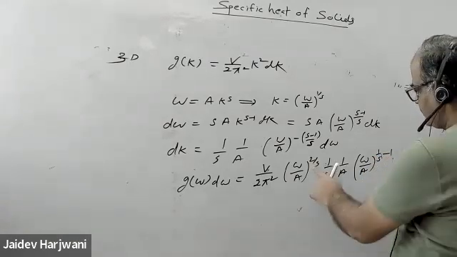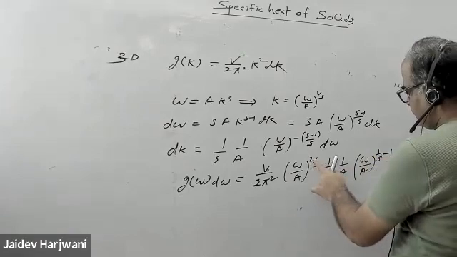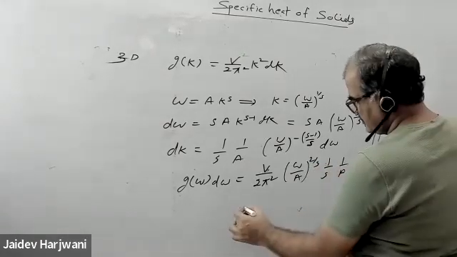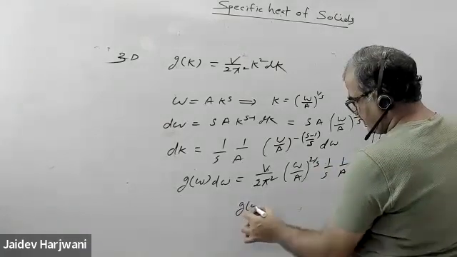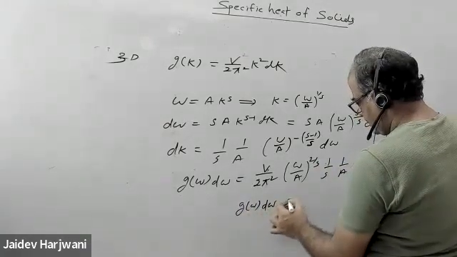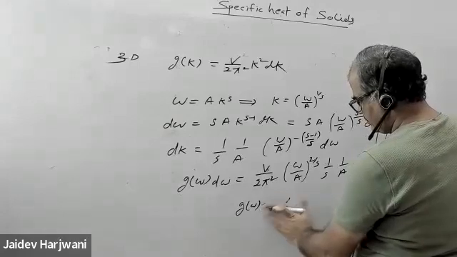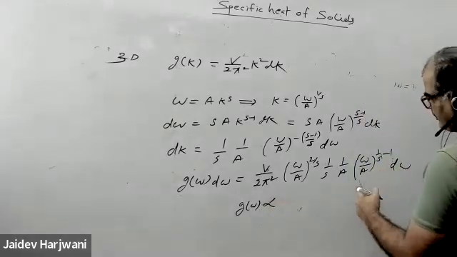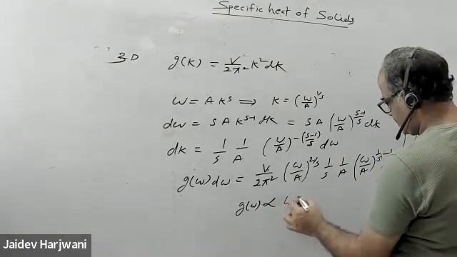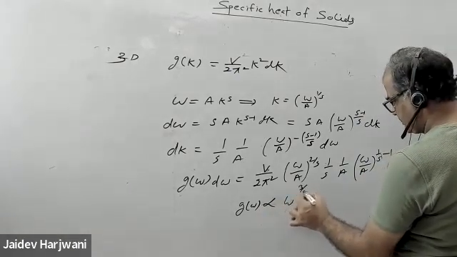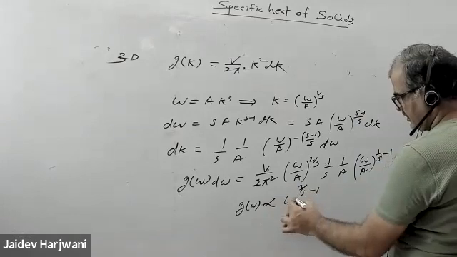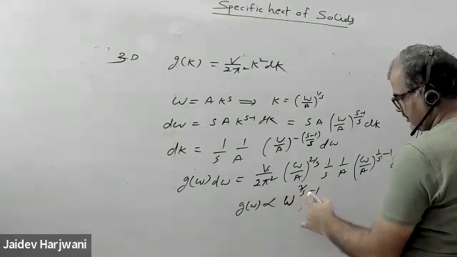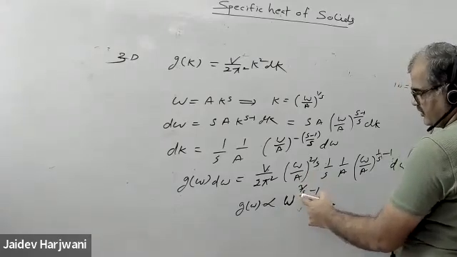So again this becomes omega power 3 by s. So g omega is proportional to omega power 3 by s minus 1. Now you can again check by putting s equal to 1: you get omega square.